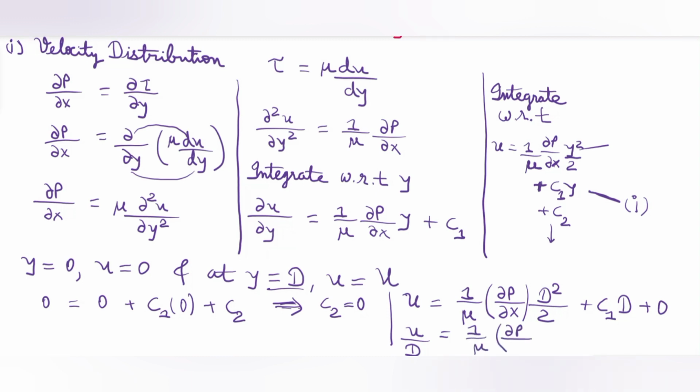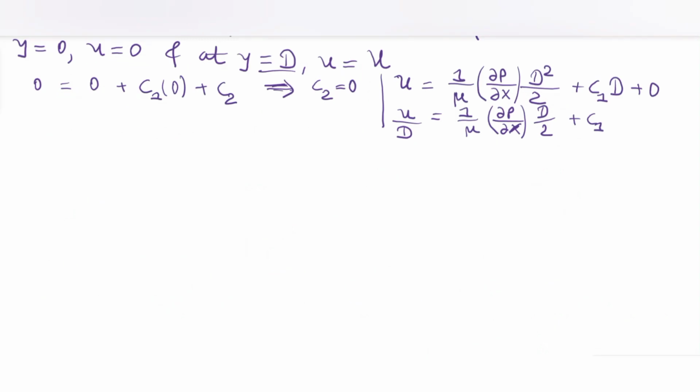Therefore we get U by d is equal to 1/mu del p by del x into d by 2 plus c1. Therefore c1 will be equal to U by d minus 1/2mu del p by del x into d. Then we'll substitute the values of c1 and c2 in the first equation and we'll obtain the equation for velocity.